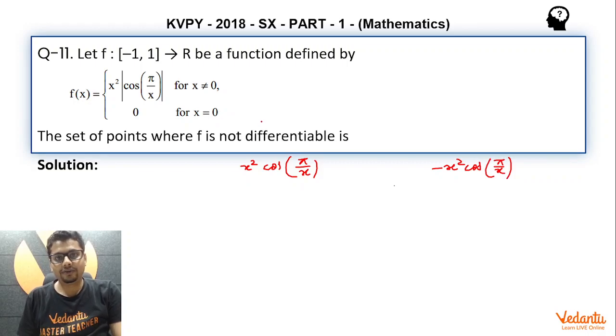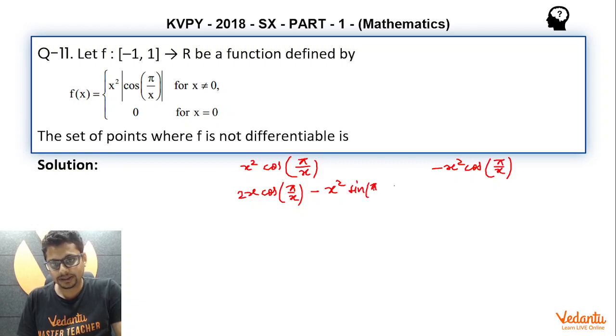Because again, in one side of the neighborhood this cos will be positive, so this expression will come out of the mod with a plus sign, and for the other side of the neighborhood this expression would come out of the mod with a minus sign. So on one side the derivative would be 2x cos of pi by x, and for x square cos pi by x the derivative will be minus sine pi by x multiplied by minus 1 by x square.